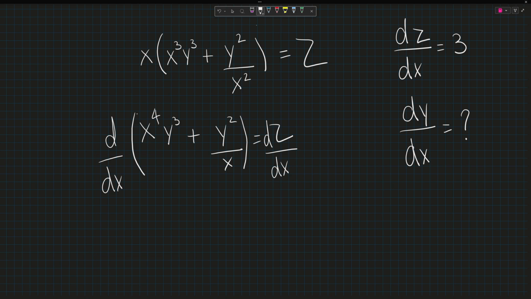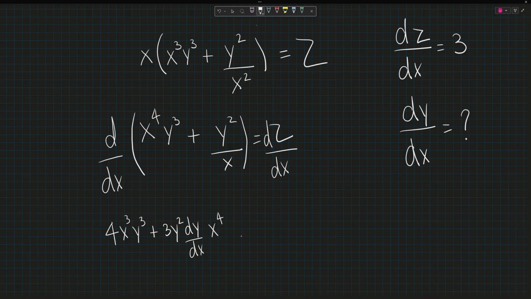So the x to the fourth would be our first term, the y to the third would be the second term. So, product rule would be the derivative of the first times the second plus the derivative of the second, dy over dx times the first, x to the fourth.